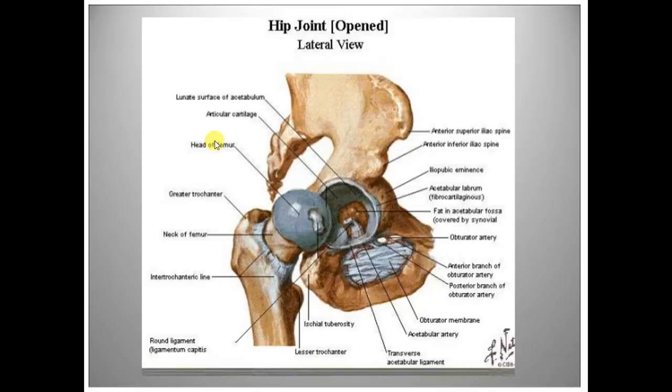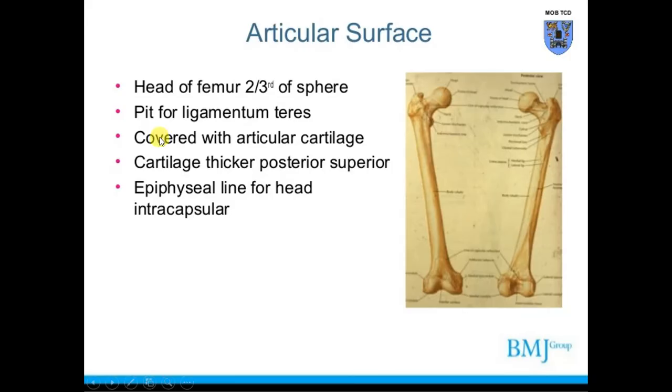Here we can appreciate the pit for the ligamentum teres, or ligament of the head of the femur, and it is also covered by hyaline, articular cartilage, thicker posteriorly and superiorly because of the movement.